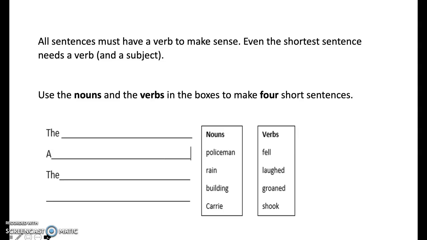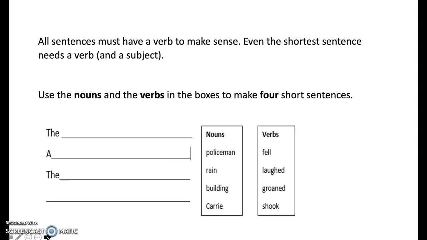All sentences must have a verb for it to make sense. Even the shortest sentence needs a verb and a subject. So we have nouns and verbs in the boxes, and you can make short sentences just using these nouns and verbs. For example, you could say the rain fell, full stop.